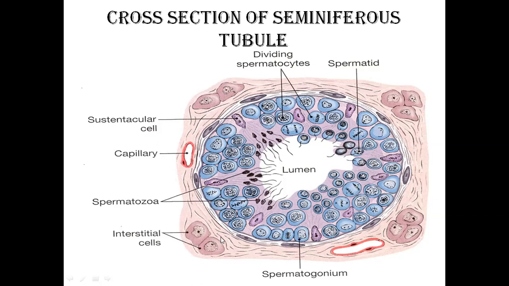And these are the interstitial cells of Leydig, which are secreting testosterone. It is very important to maintain a microenvironment within this seminiferous tubule. That is, it should be a sterile one, and there should be a high concentration of the androgen hormones, especially testosterone, for the proper maturation of the sperm.